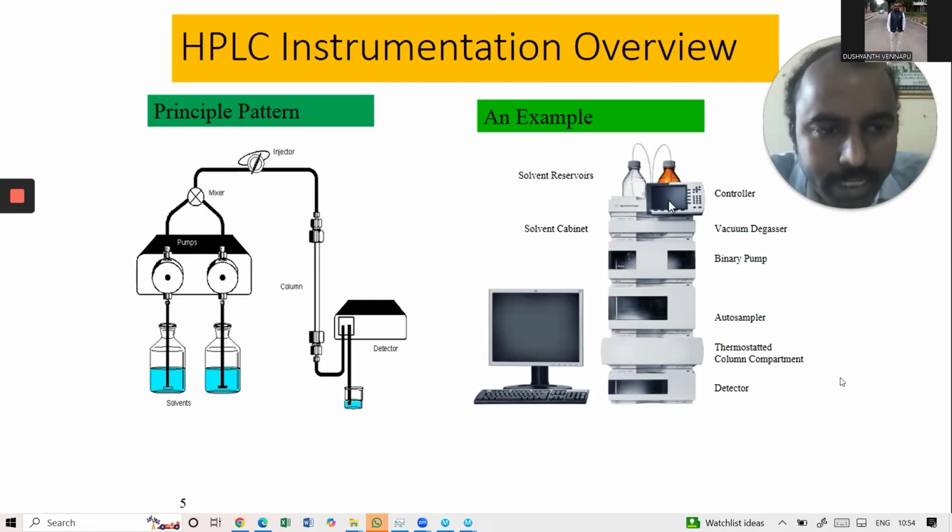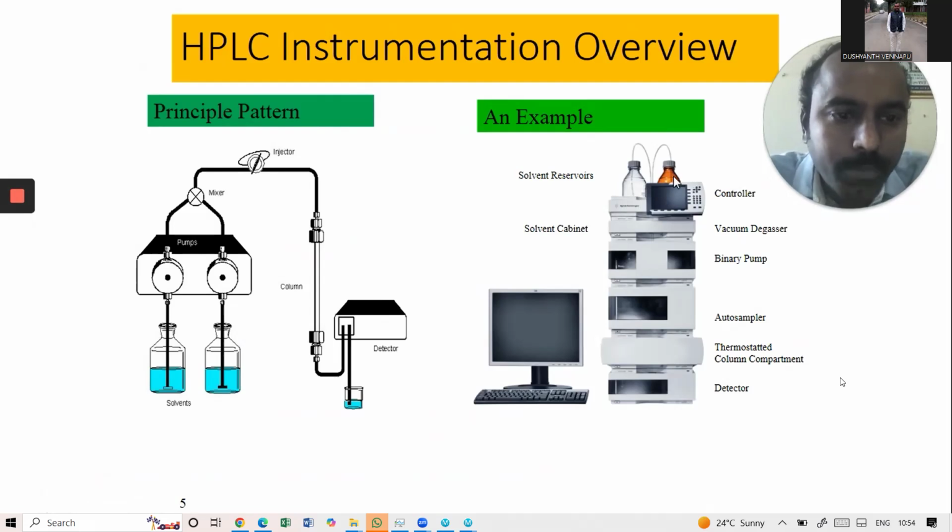Now, what is gradient? Gradient means initially I pump only 100% of mobile phase A, and step by step I add my mobile phase B. In doing so, I will see what type of changes happen to the incoming analyte on the column as well as in the elution process.